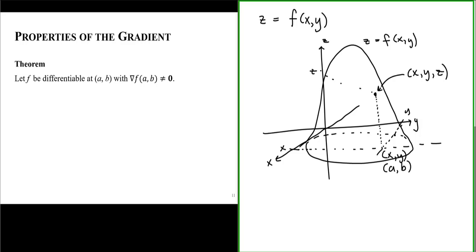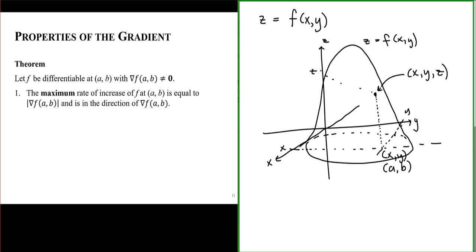If our function is differentiable at that point, then some properties of the gradient function that we should be aware of. One, the maximum or fastest rate of increase of our function f at a, b is equal to the magnitude of the gradient of f, and it's in the direction of the gradient of f at that point.